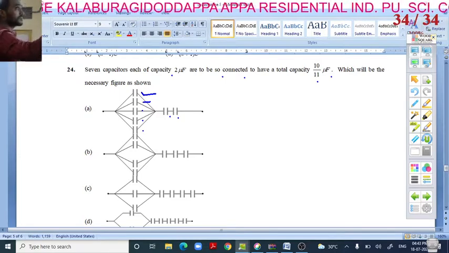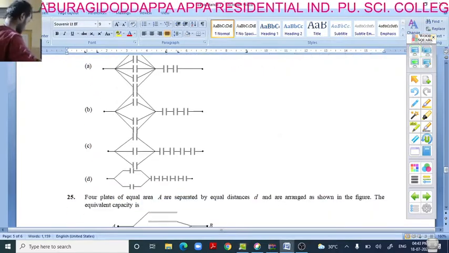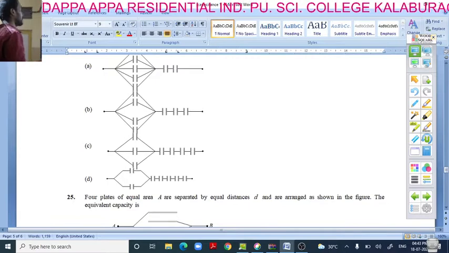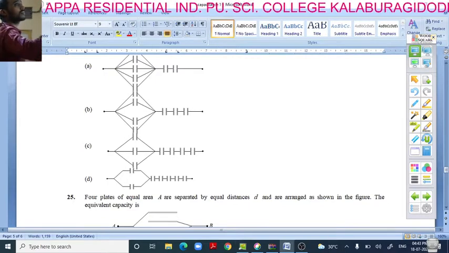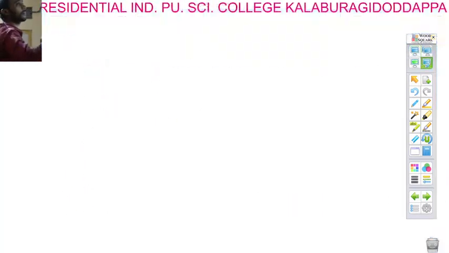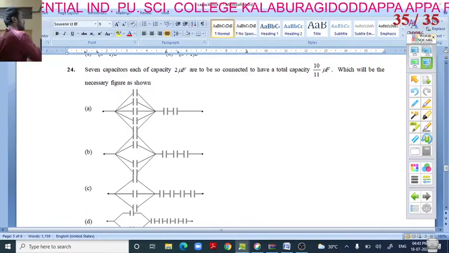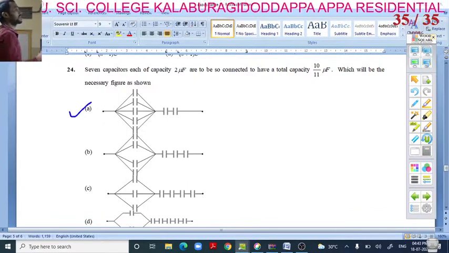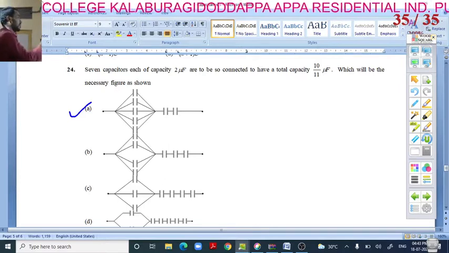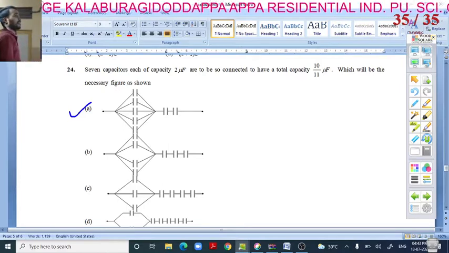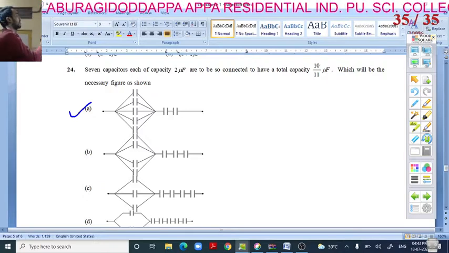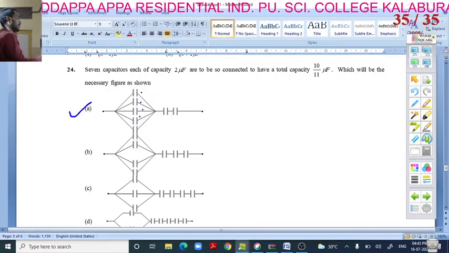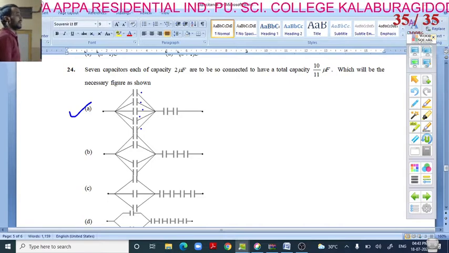Just observe here, our option is going to become, see, that is the first option only. That is the first option only. Just see, these are all in parallel. See, 7 capacitors, 1, 2, 3, 4, 5, right?